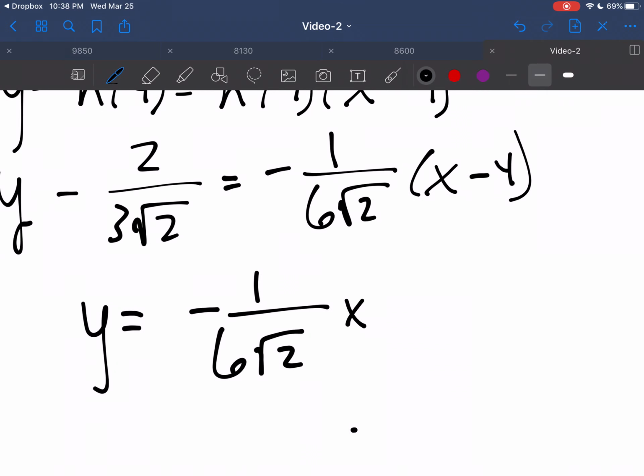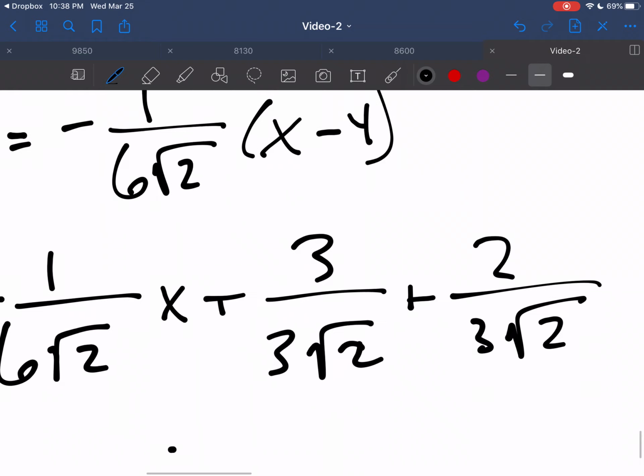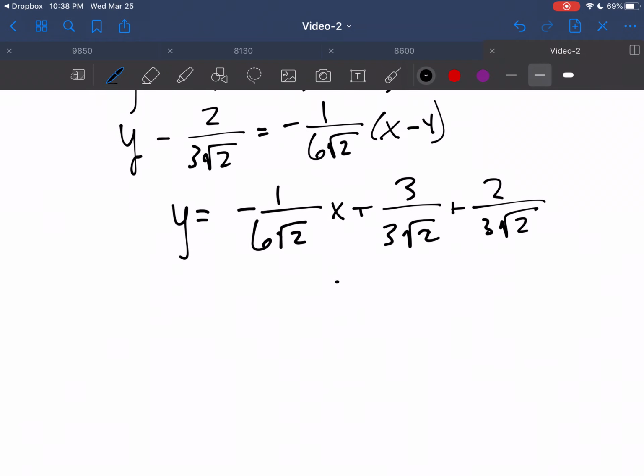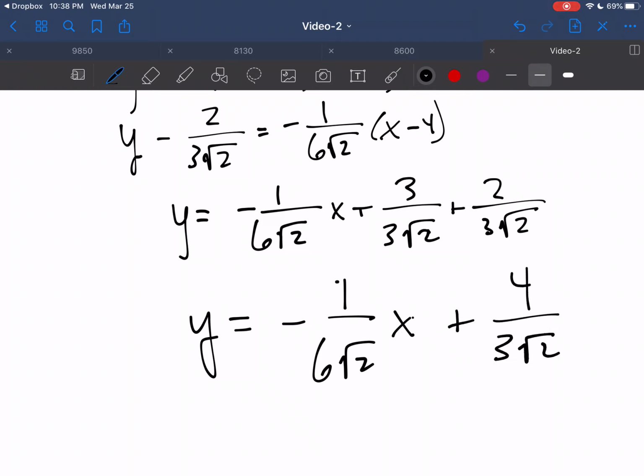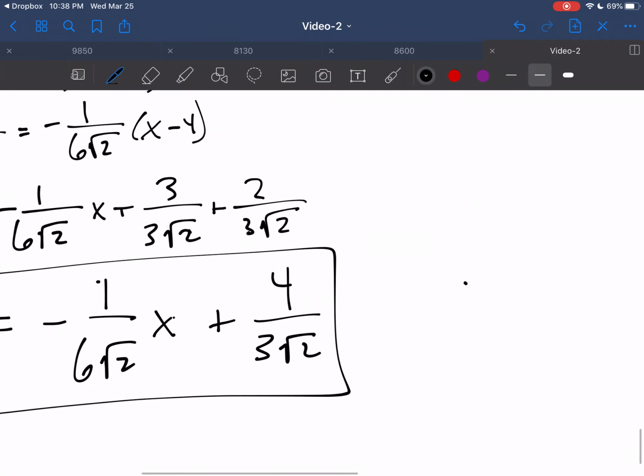That x plus alright, and then that simplifies down, and we get our line is negative 1 over 6 square root of 2 x plus 4 over 3 square root of 2. Okay, so there's our tangent line.